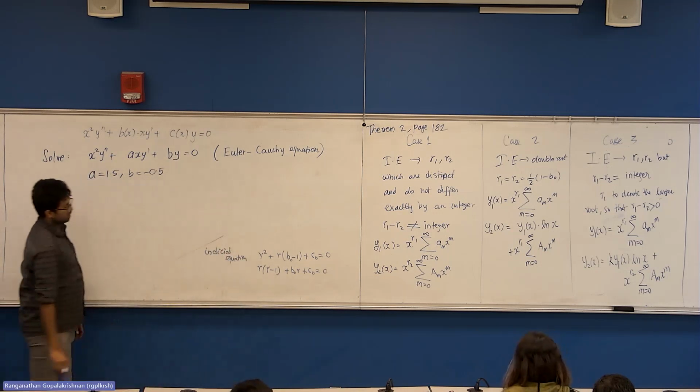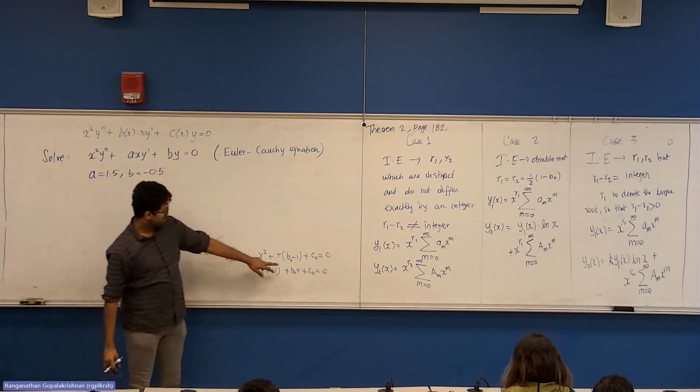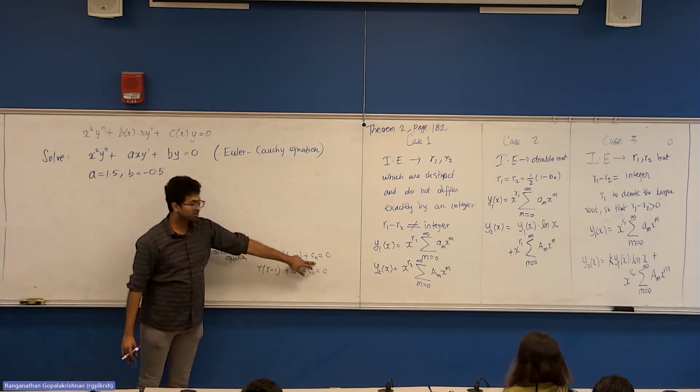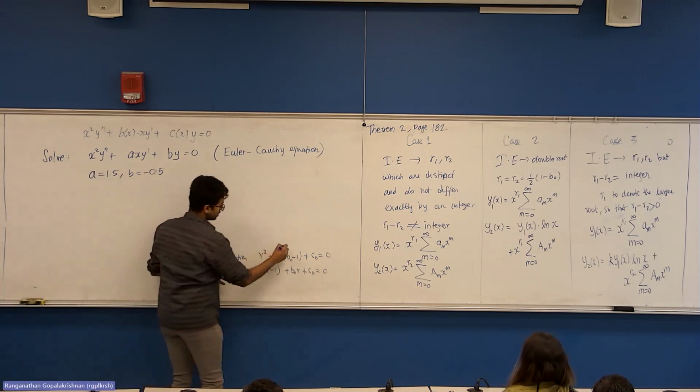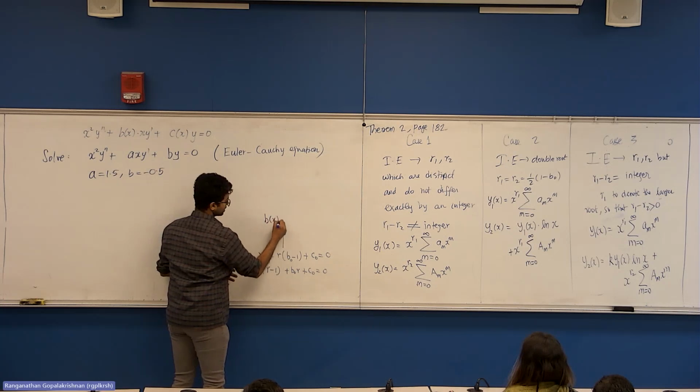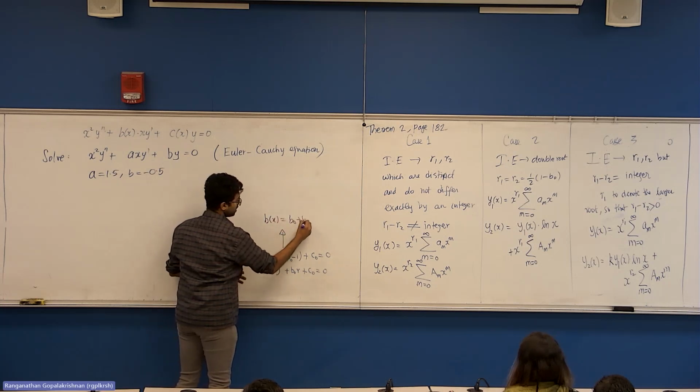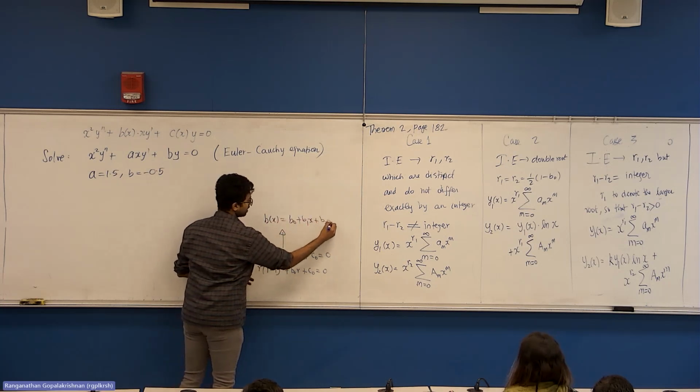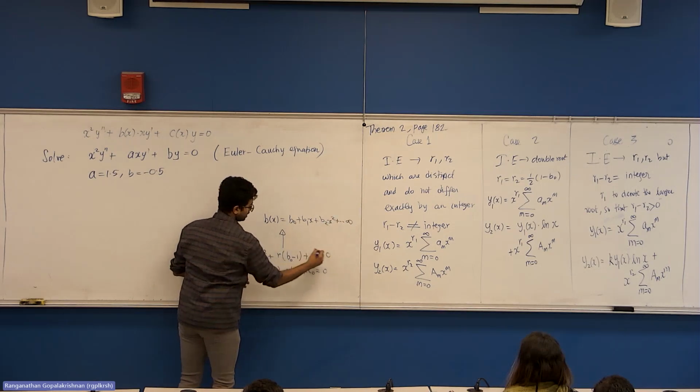So this is a little bit unsettling for you maybe, because here we use B naught and C naught to denote B of x equals B naught plus B1 x plus B2 x squared and so on up to infinity.